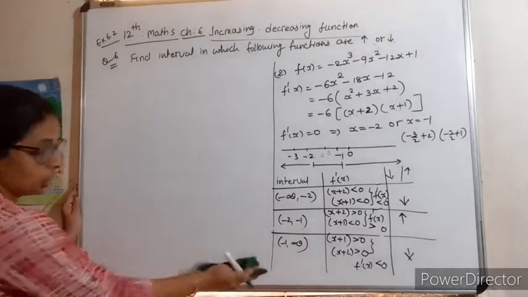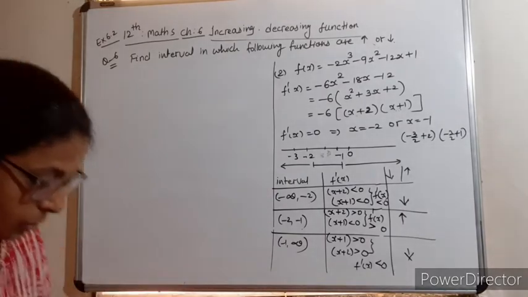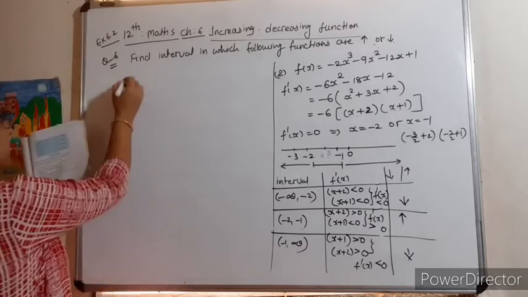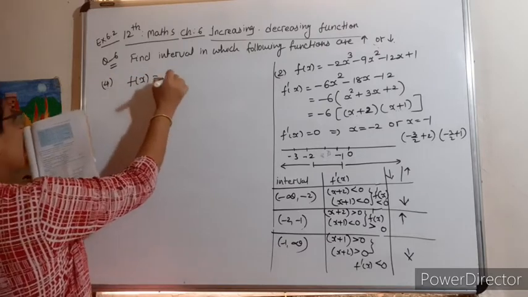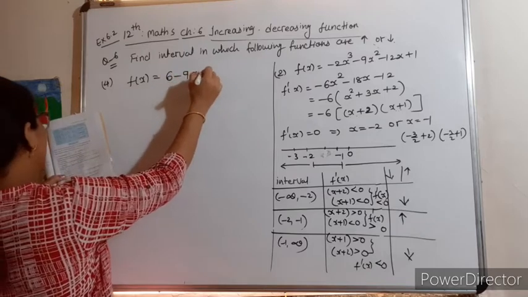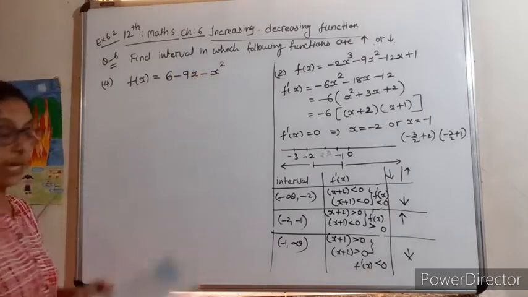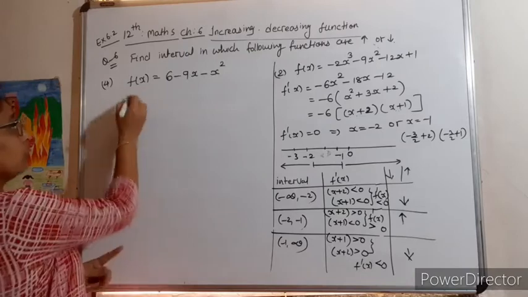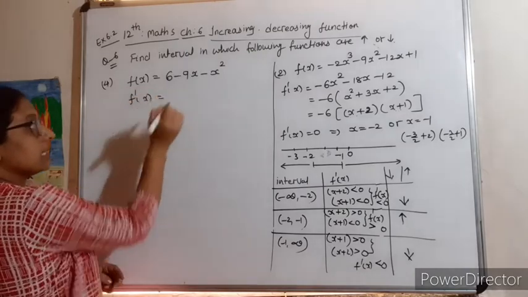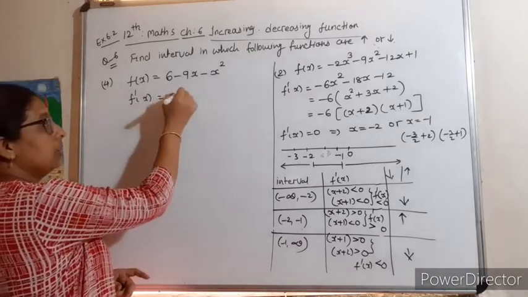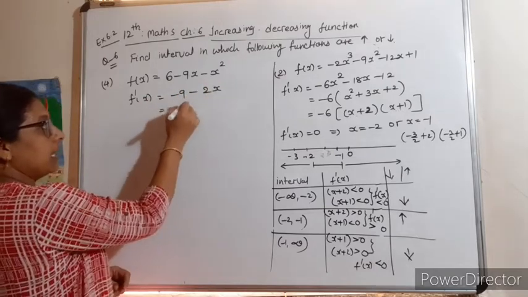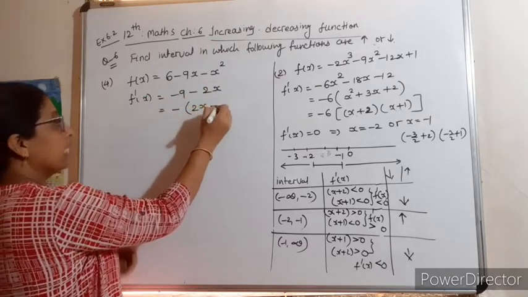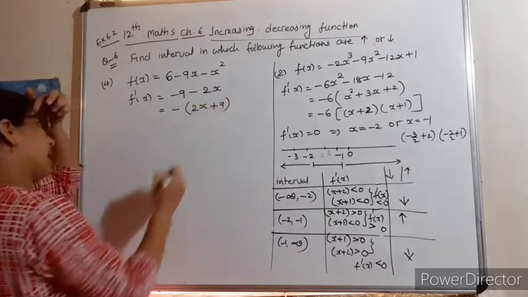Then question number 4 of this 6, that is f x is equal to 6 minus 9x minus x square. So we'll write f dash x equal to 0 minus 9 minus 2x. So if you take minus common, so 2x plus 9.